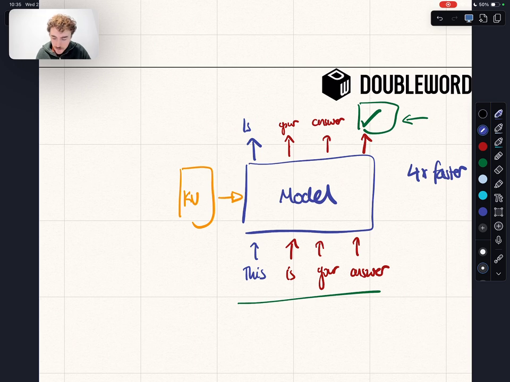You might think, well, I have these 4 tokens, surely I'm doing 4 times as much work, even though it's in parallel. Yes, you are, but during decoding, you are bandwidth bound. I was talking about the overhead of bringing the model weights into the GPU compute units.